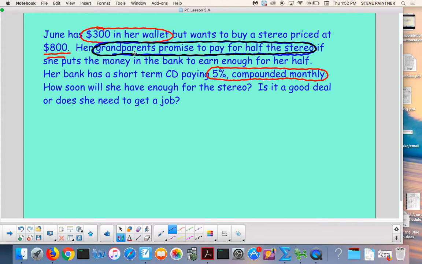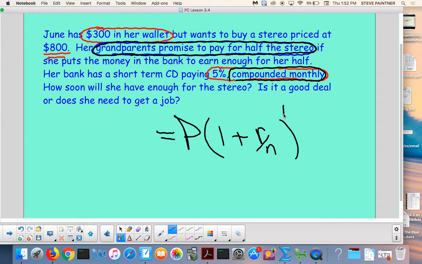First of all, when they said 5% compounded monthly, were you thinking PERT? No. You were thinking exponential growth: (1 + r/n)^(nt) = A, the amount in her account, because it grows monthly. So she put what in the bank? $300.